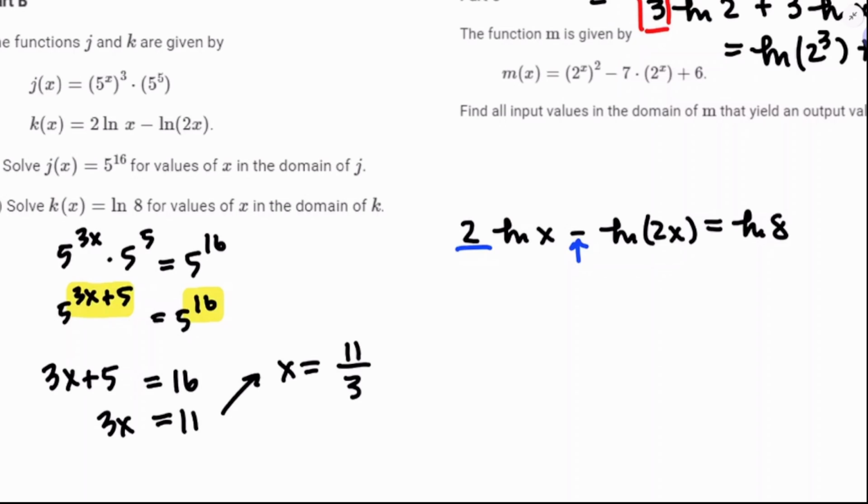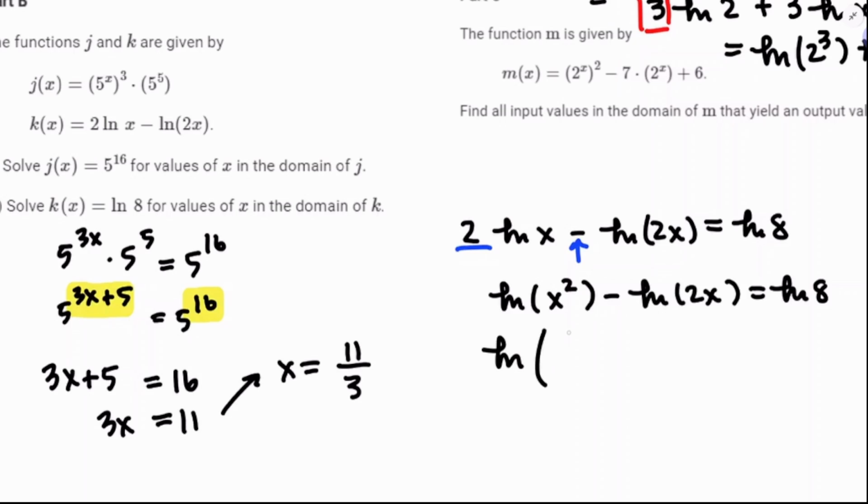All right, so this is going to become an exponent, x squared, minus natural log of 2x, and that'll equal natural log of 8. Then I'm going to apply the log property and divide the arguments, x squared divided by 2x, and that's going to equal natural log of 8.